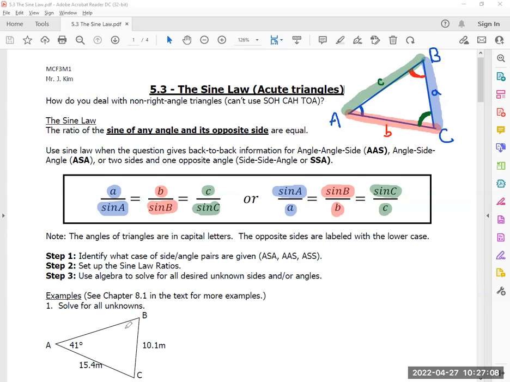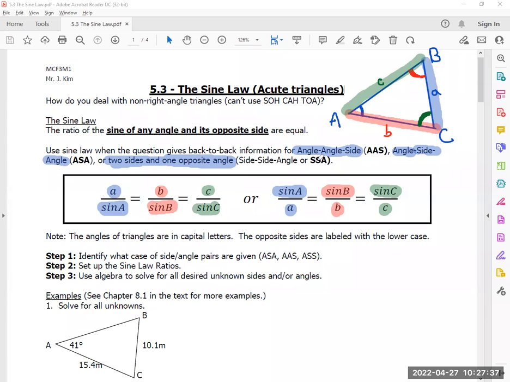The triangle has to give you information of 2 angles back to back plus one side, or an angle with another angle and a side in between it. So angle, side, angle, or 2 sides followed by a single angle.